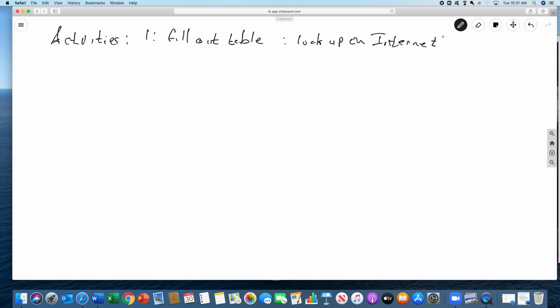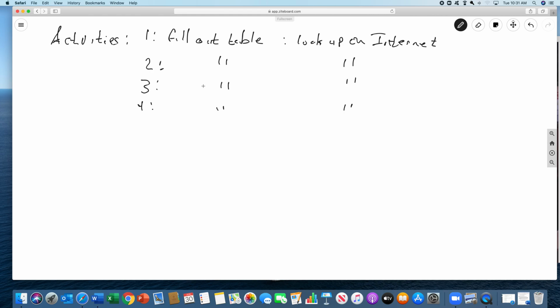So activity 1 and 2, these are for elements, same thing. And then activity 3 and 4 also. You're just going to fill out the table, look them up on the internet. 1 and 2 are for elements, these 3 and 4 are for compounds. So you can look up, for example, the element and what's its name, where is it found in nature, things like that. Right? For chemical properties or physical properties, just give me 1.